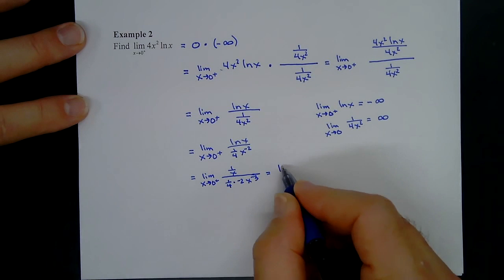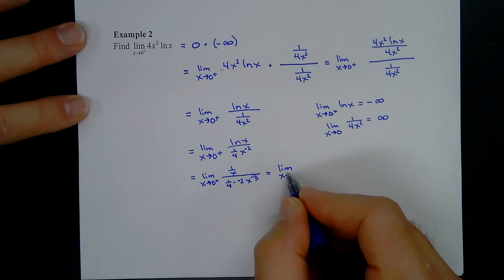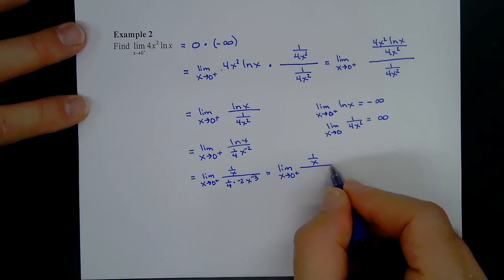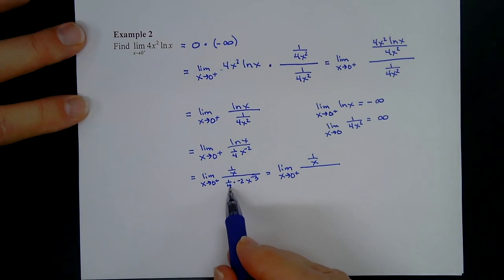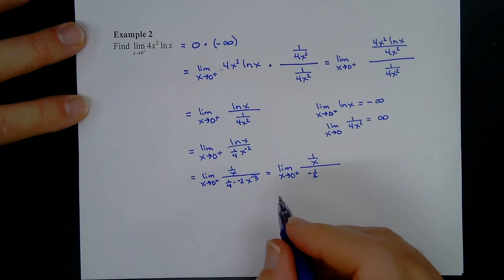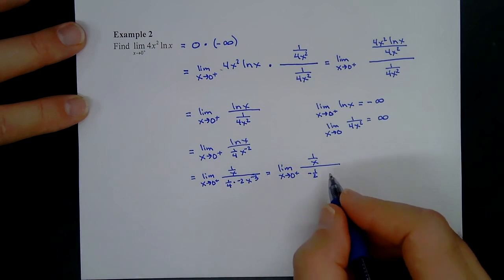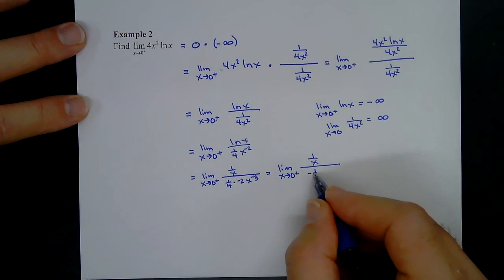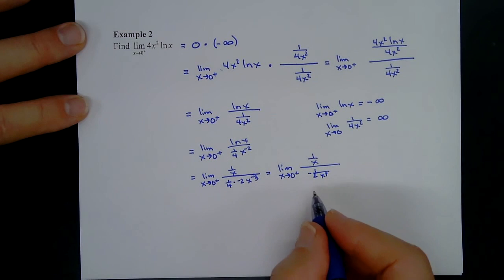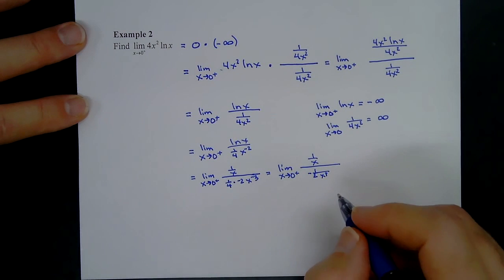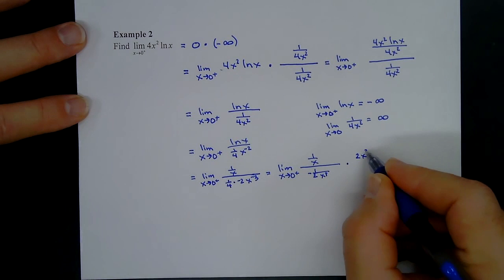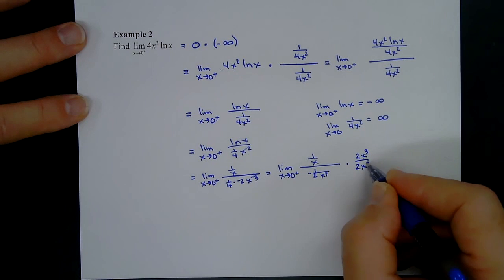So this is the limit as x approaches 0 from the right of 1 over x over, and this becomes negative 1/2 times, or negative 1 over 2 x cubed, right? Because this x to the negative 3 becomes 1 over x cubed. Now what I'm going to do is clear out the complex fraction by multiplying by 2x cubed over 2x cubed.